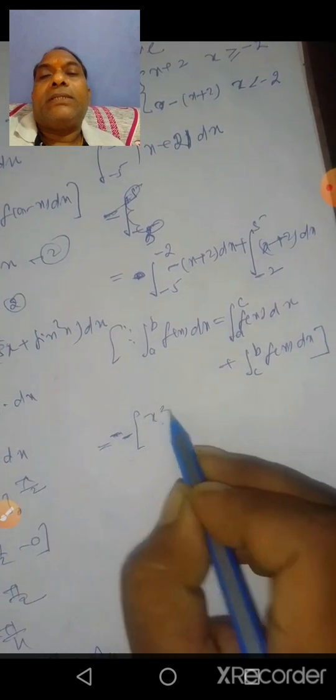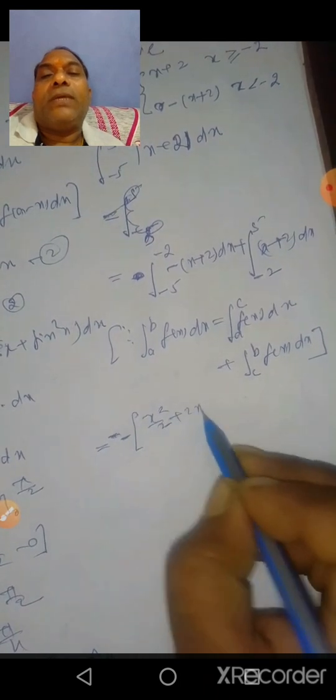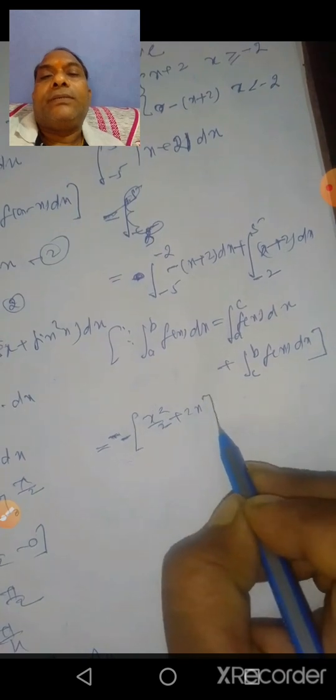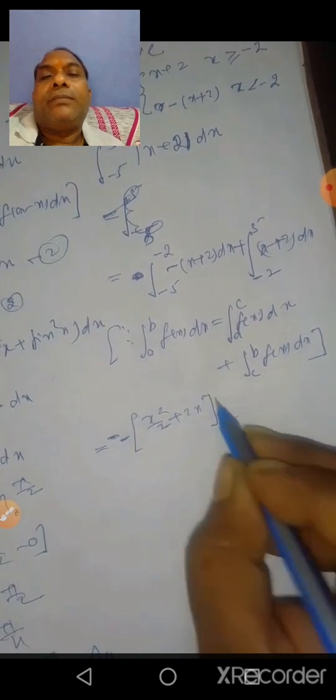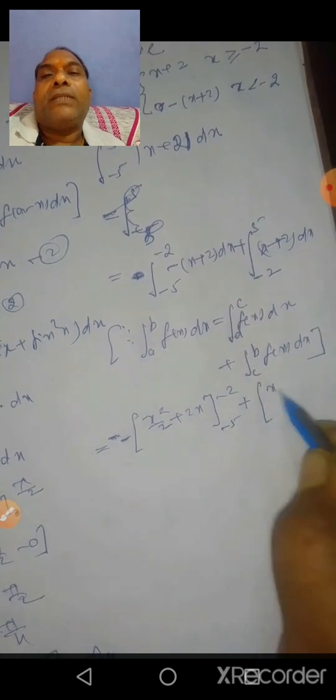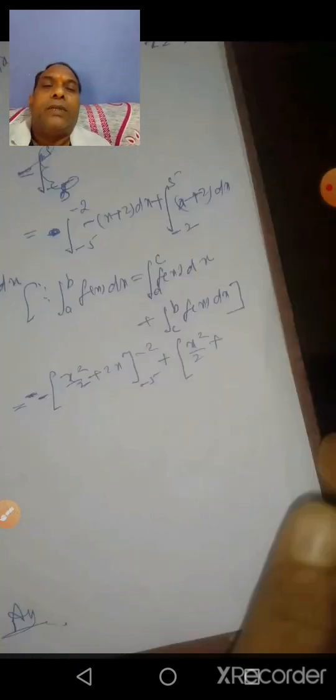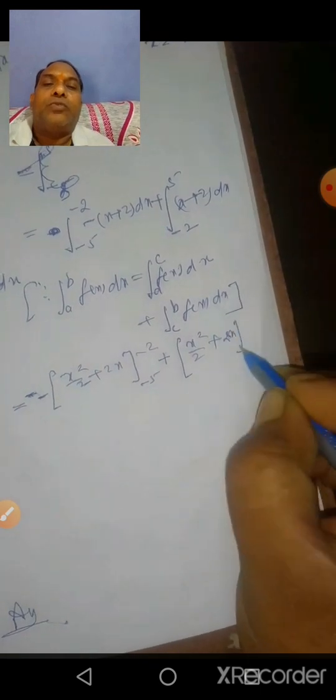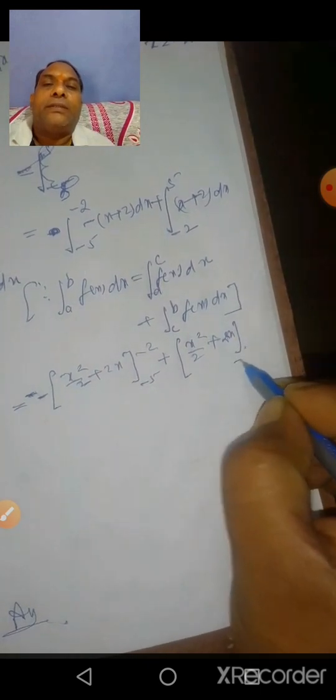Minus x square by 2 plus 2x from minus 5 to minus 2, plus x square by 2 plus 2x from minus 2 to 5.